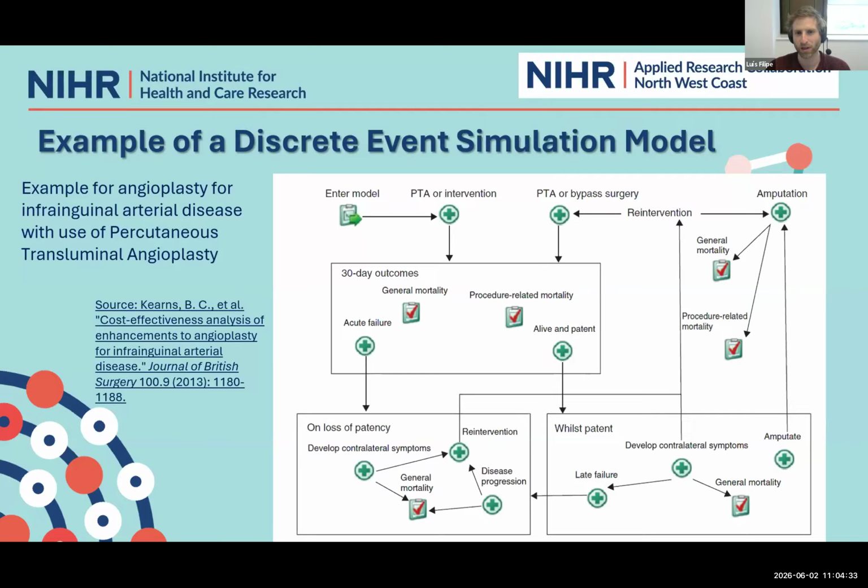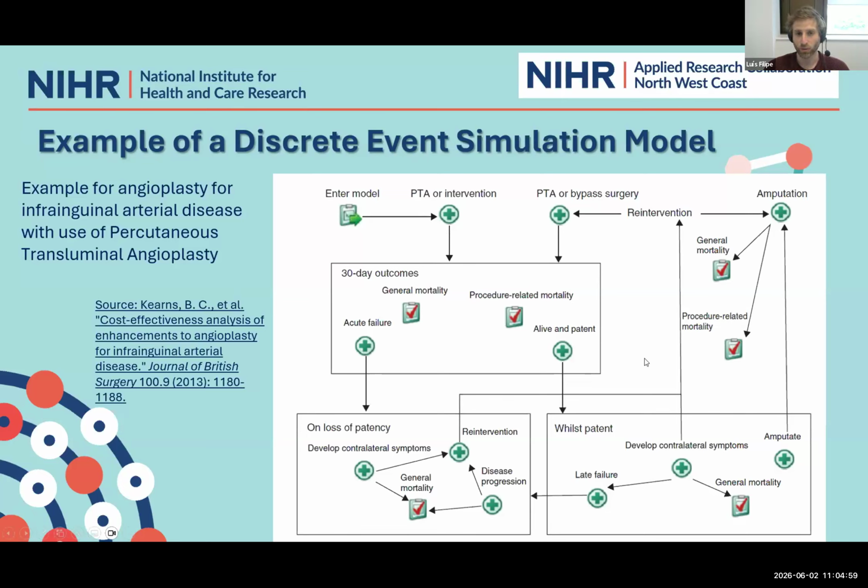This is lower limb, it's the legs. And you have this potential use of percutaneous transluminal angioplasty, or another intervention that you may want to be comparing with. And people will enter the model, and then they can have the PTA, this percutaneous transluminal angioplasty, or another intervention.